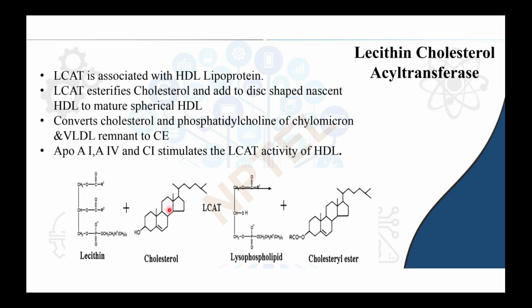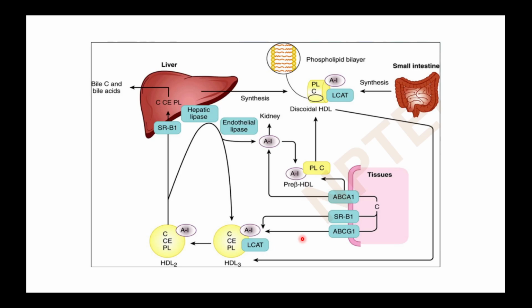Remember, I've shown you this. This is lecithin. Lecithin has this fatty acid chain which gets transferred to the OH group of the cholesterol by an ester bond. So now this cholesterol has become cholesterol ester, which can then be transported and metabolized.